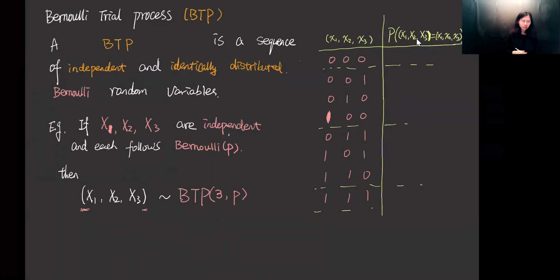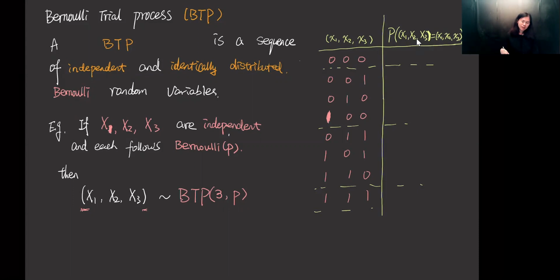For a more realistic example, suppose x1 is 1 if we toss a fair coin once and get a head up, and x2 is 1 if we toss the same coin the second time and get a head up.